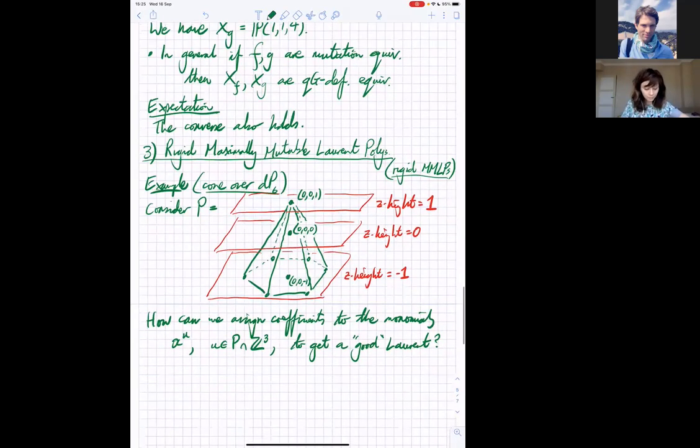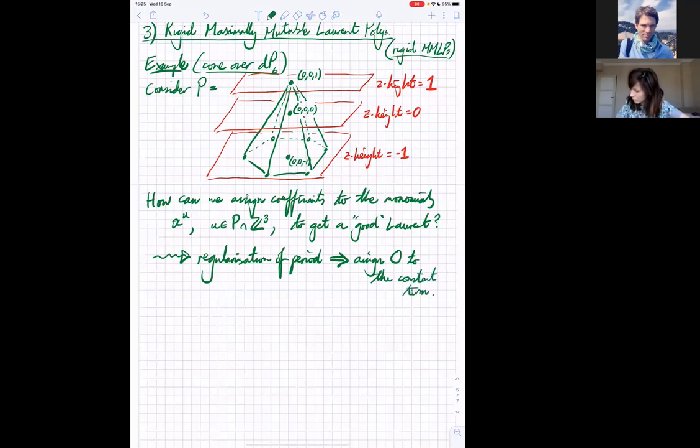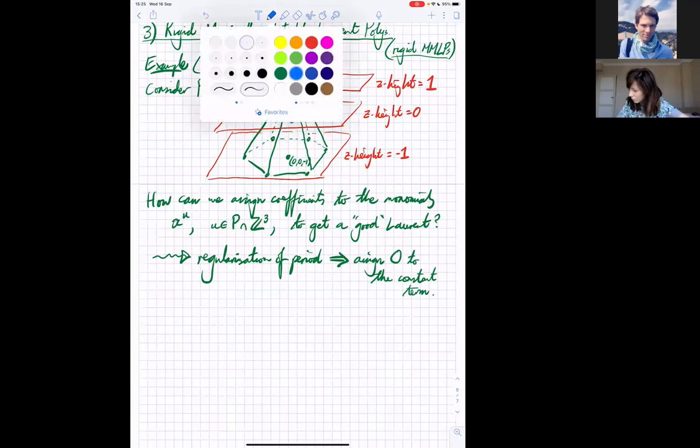Well, there's a few things we can say to begin with. Because we took the regularized period, this means that we can assign coefficient 0 to the constant term. So if I start labeling my coefficients, I get to assign coefficient 0 to the origin.